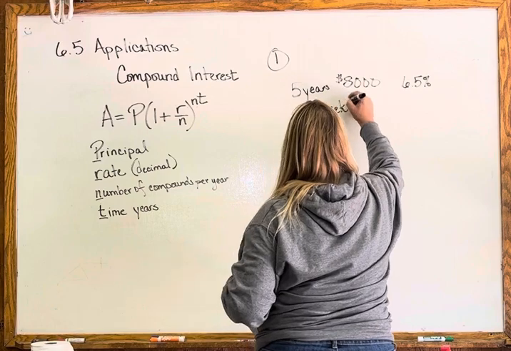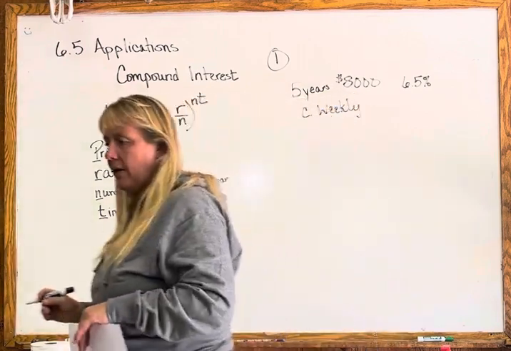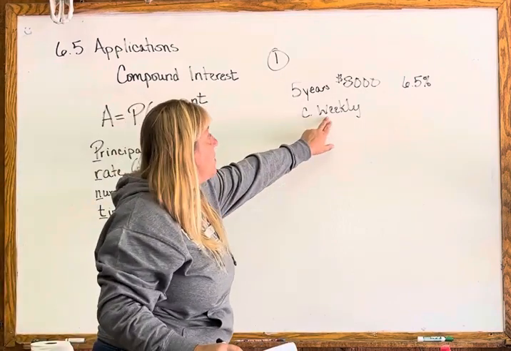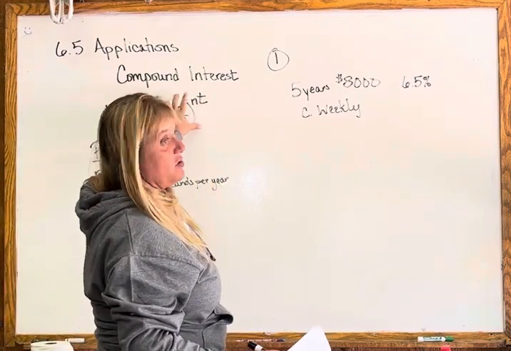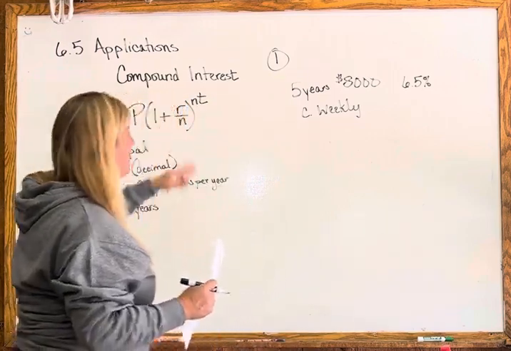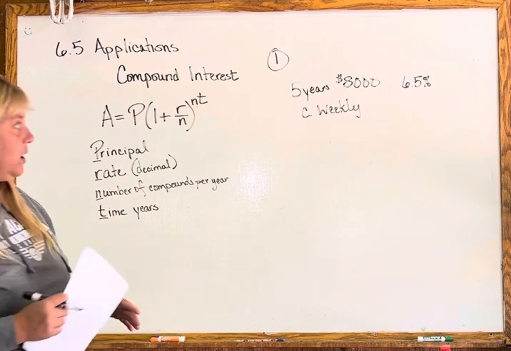Okay, so that's what you have in that first problem on the Canvas page. So it says that it's compounded weekly, which puts us into this formula. That's the part, compounded weekly. So we just need to plug in the pieces and then plug it into our calculator.